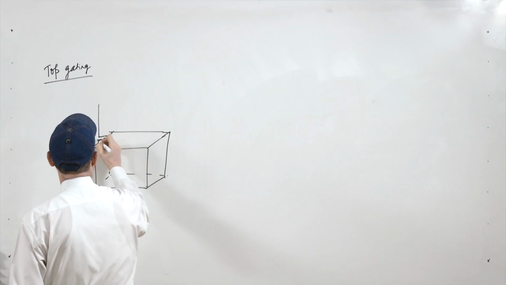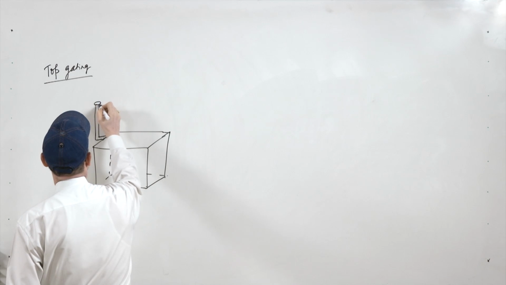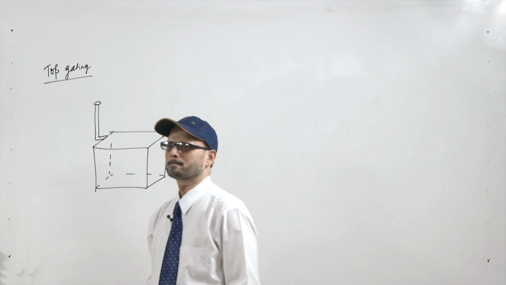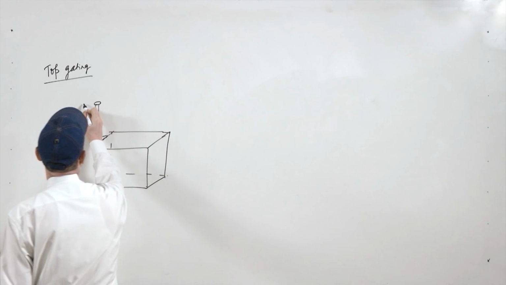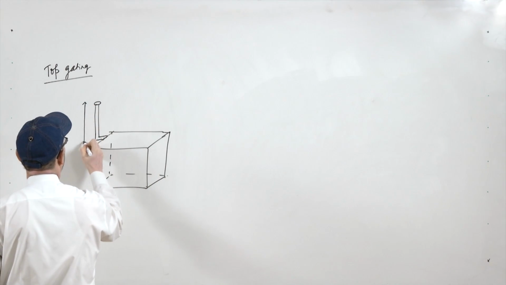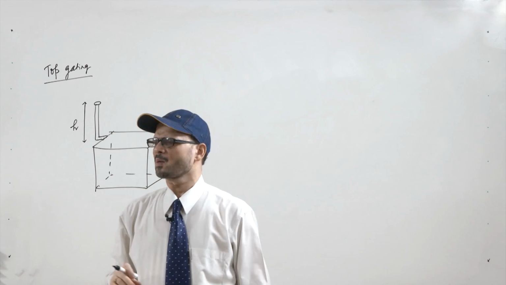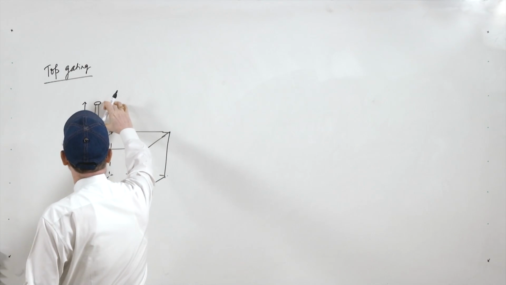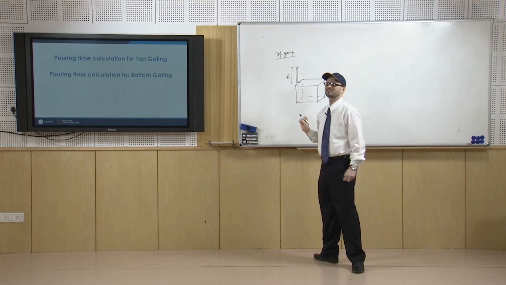It will be entering from here and you have a pouring cup here. So, basically, if this is the height of this portion from where the metal enters into the cavity, this is the head of the metal.